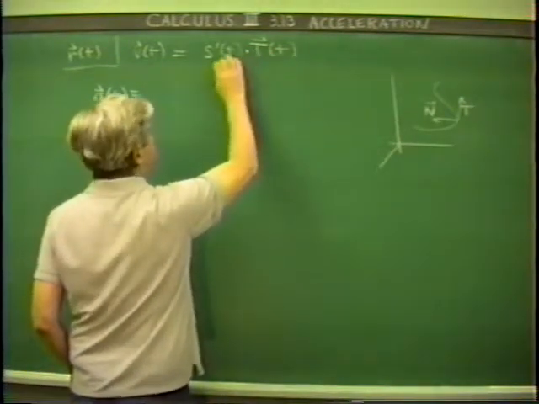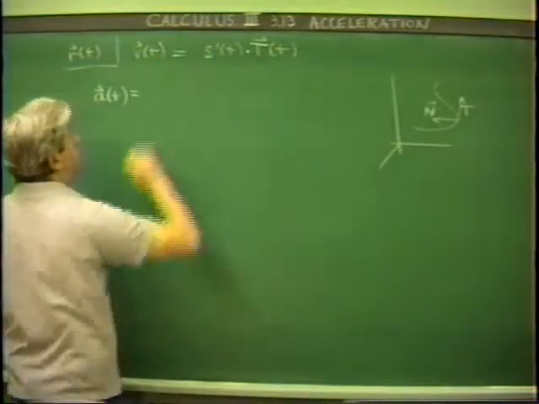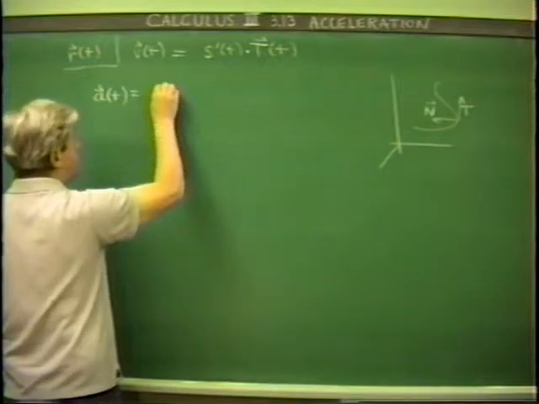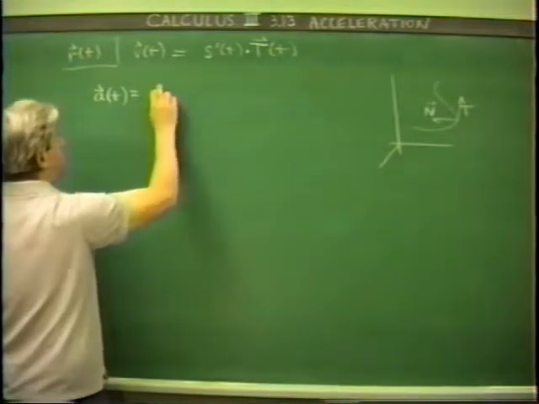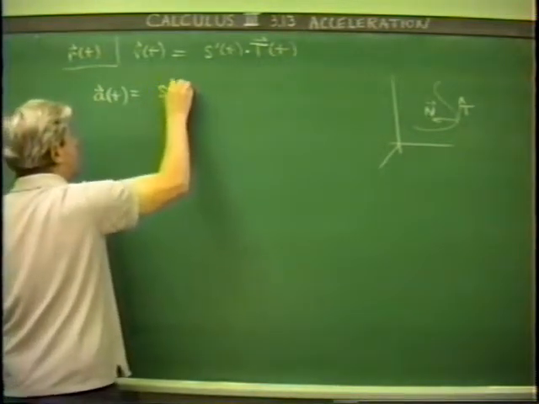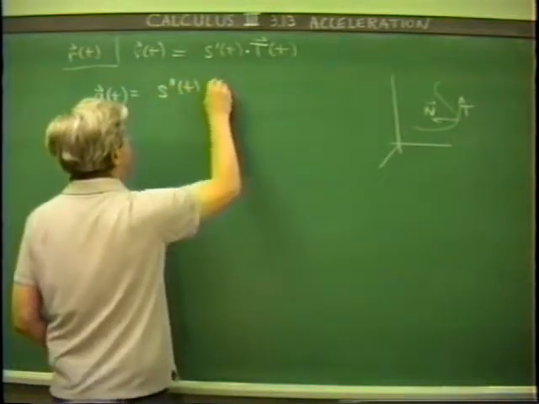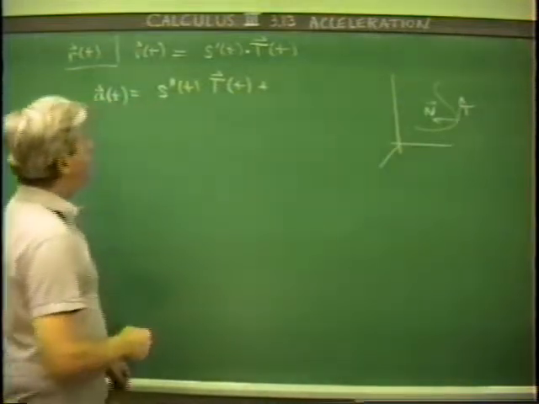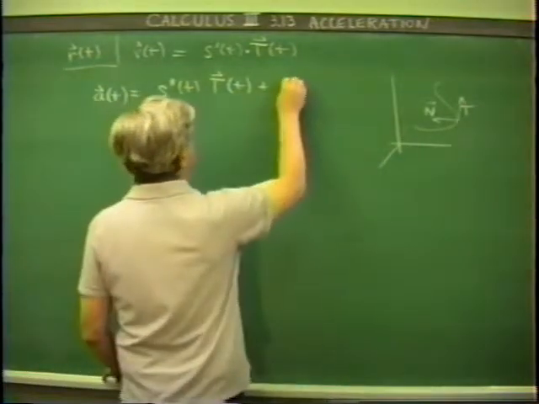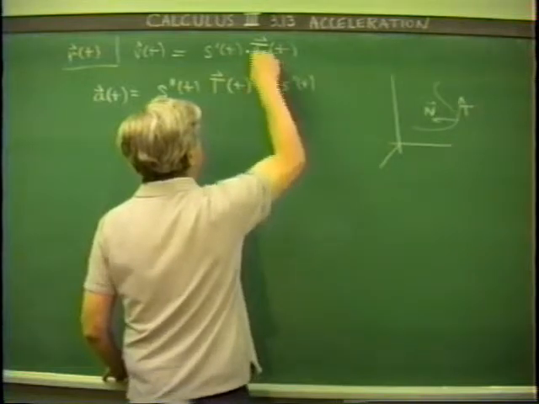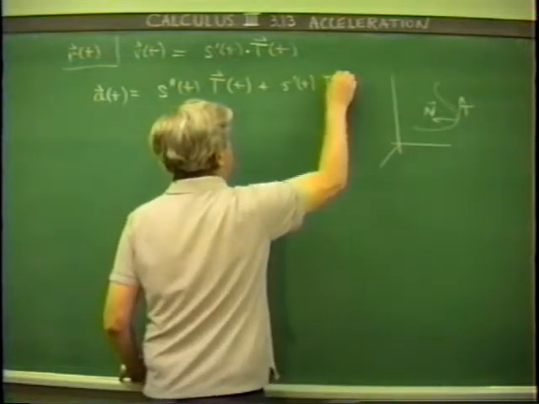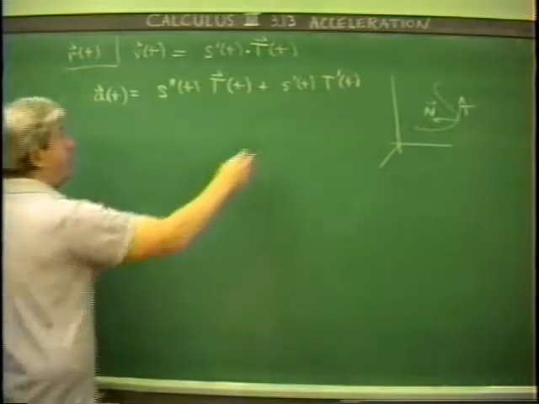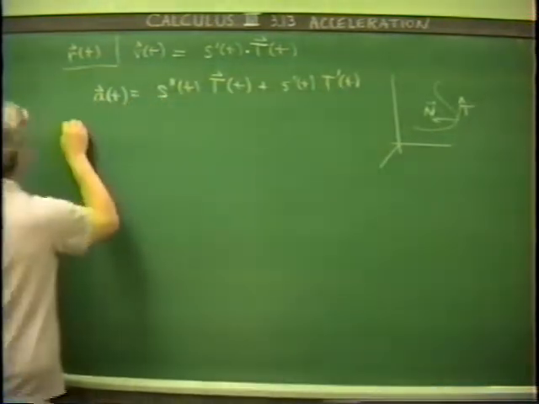If we differentiate here, we get that a of t, the acceleration vector, is given by a product, a scalar times a vector, so the derivative is the first times the derivative of the second plus the second times the derivative of the first, or s double prime of t times T of t plus s prime of t times the derivative of T of t.